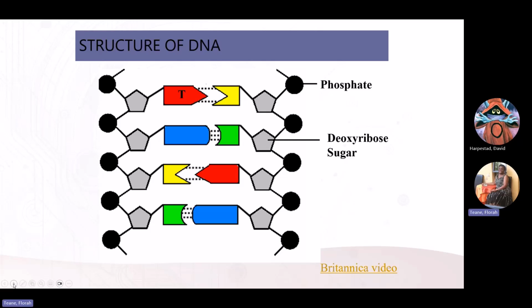All right. Then we have the name here of the nitrogenous base. T stands for thymine. So the red part here shows the nitrogenous base, thymine. And as already said, thymine will always match with adenine, and guanine will match with cytosine.